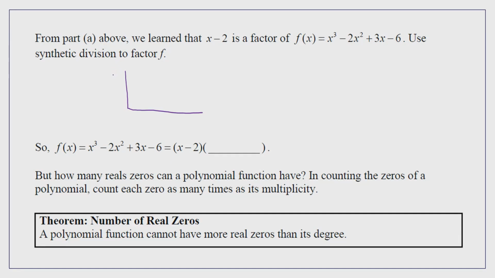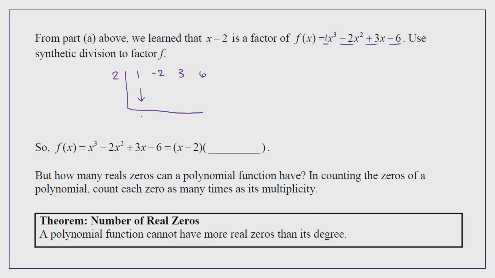So that would be 2. Then on the other side, we're going to list out all the coefficients in descending order. So the first coefficient is 1, then -2, then 3, and then -6. So that's 1, -2, 3, and -6.